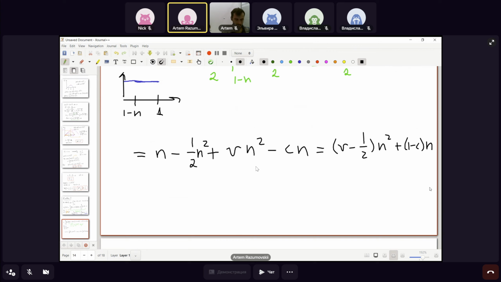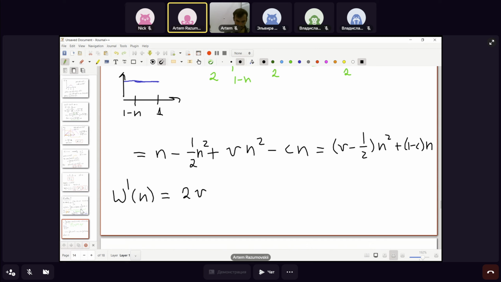And what if I'm a social planner and I want to maximize the welfare and I want to calculate the optimal number of users connected to the platform? What should I do? Just take another first order condition. So what is this?